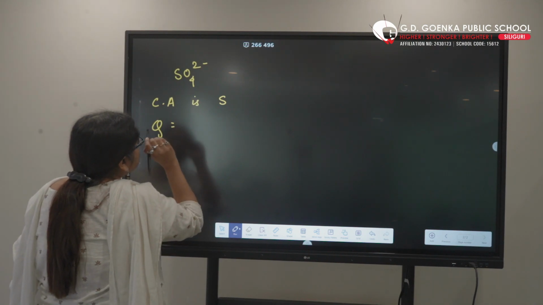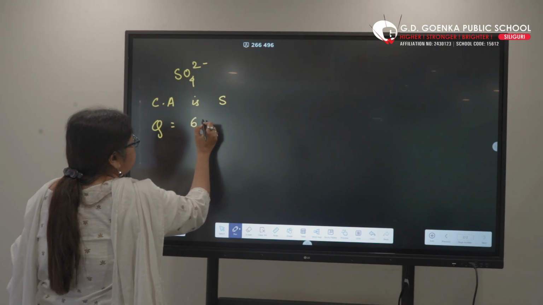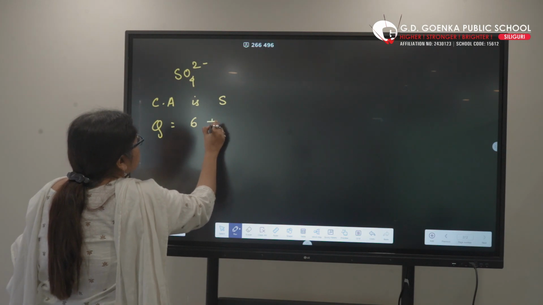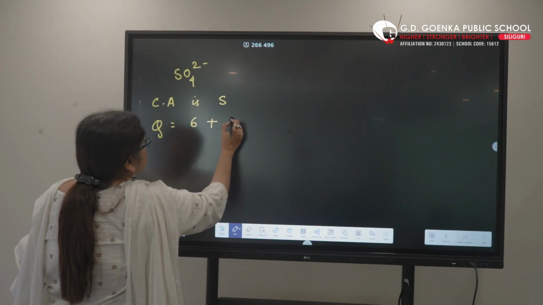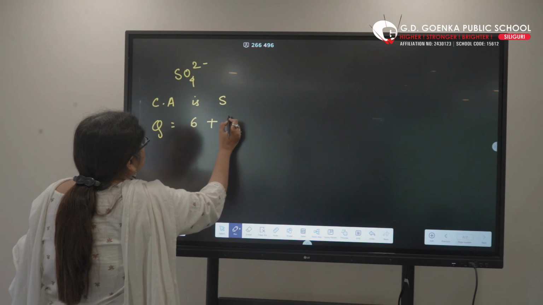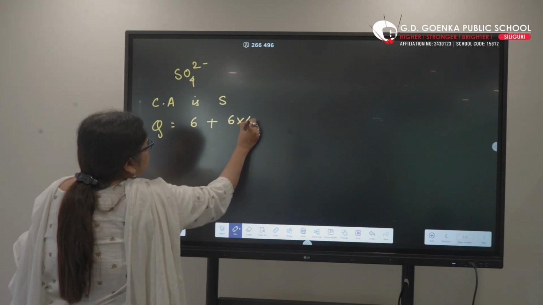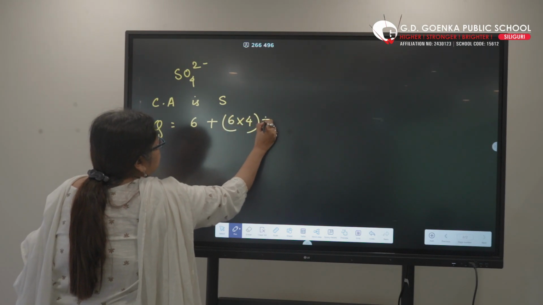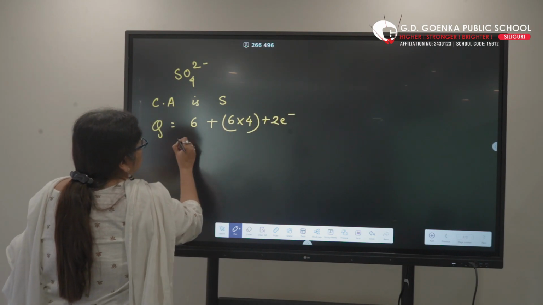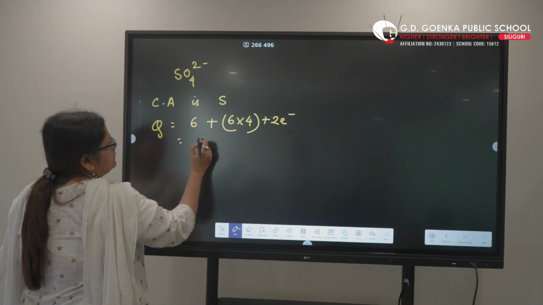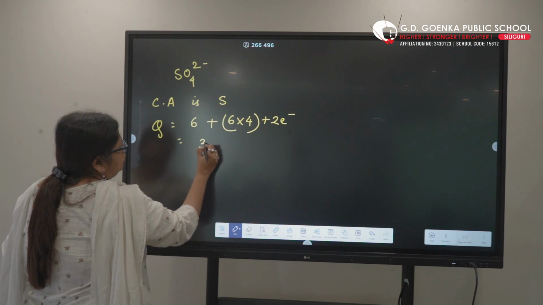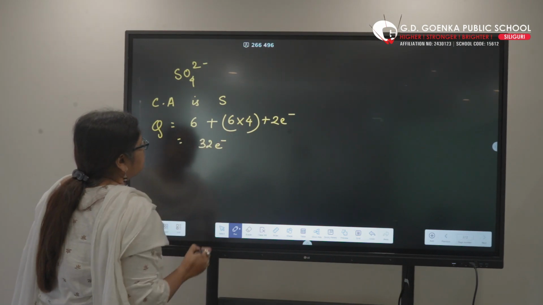For sulfur it is 6. Then for oxygen, how many oxygen atoms are there? 6 into 4, right? Plus 2 electrons. So 24 plus 6, 30, 32 electrons. This is the value of Q.